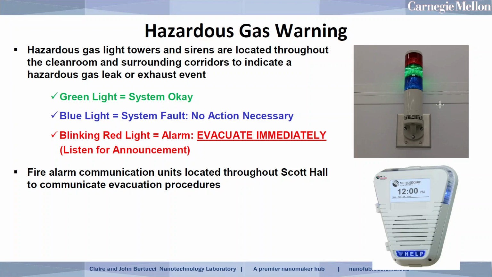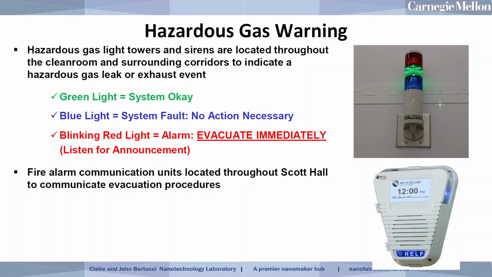That will happen very rarely, but typically a blue light would be indicative of a problem with the system, whether a wire is unplugged somewhere, something's not getting power, or a problem with the electronics. In that situation, you should let the staff know, if we're not already aware, but you don't need to evacuate in that scenario.